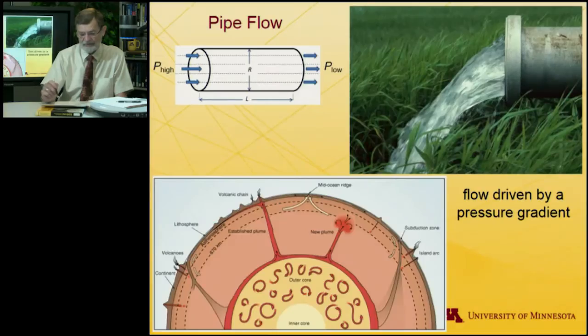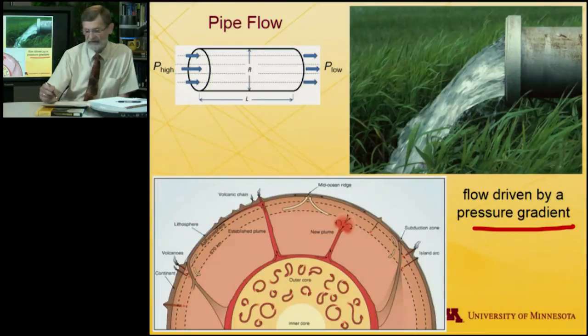Now we want to move the analysis from a rectangular shaped channel to a circular shaped channel, to a pipe. This problem is often called a pipe flow problem. And we're going to look at flow which again is driven by a pressure gradient. We could look at water flowing down a pipe, water coming out of the garden hose, or out of the faucet, or the bubbler if you're from Wisconsin, when you want to go to the drinking fountain.